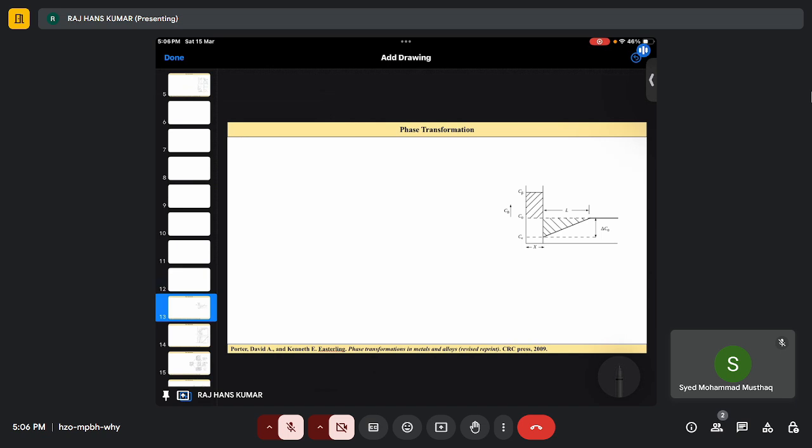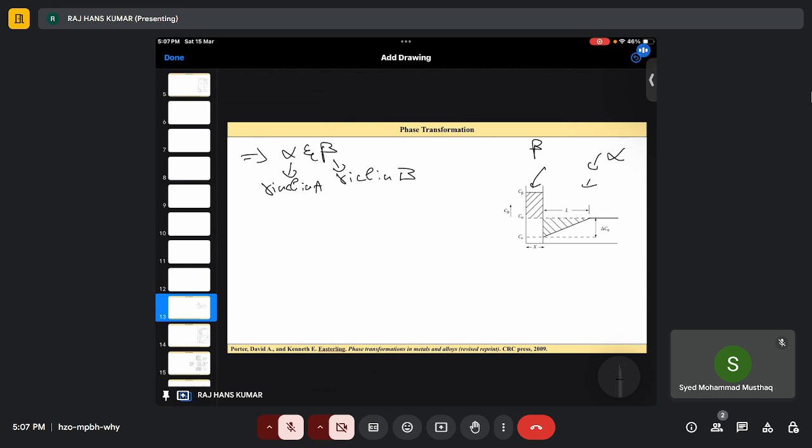So let's say, we have taken an example of alpha and beta. That means beta is rich in B. This is rich in A. So if a precipitate forms, let's say this is my beta precipitate and this is my alpha region, right?